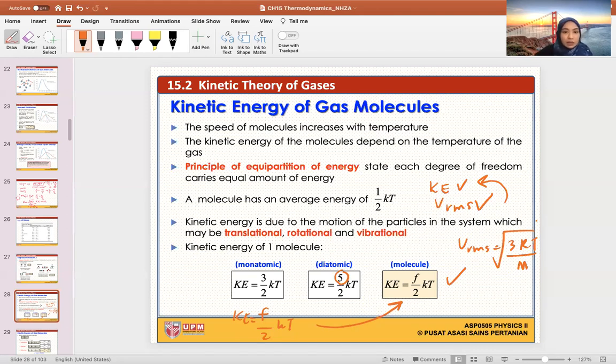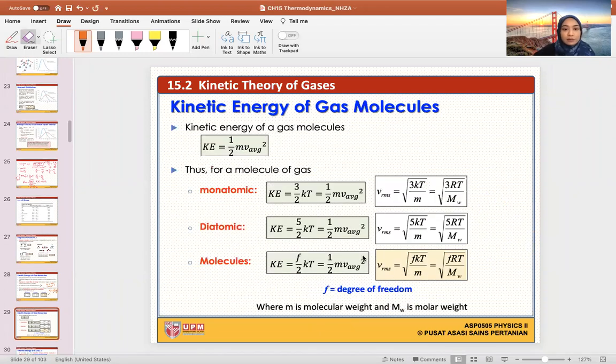And we will see later on that a lot of the questions in this chapter are affected by degrees of freedom as well. So this is a very, very important subtopic. It's just knowing that F is equal to 3 for monatomic, F is equal to 5 for diatomic. I'm just stressing this part so that you guys don't forget, okay?